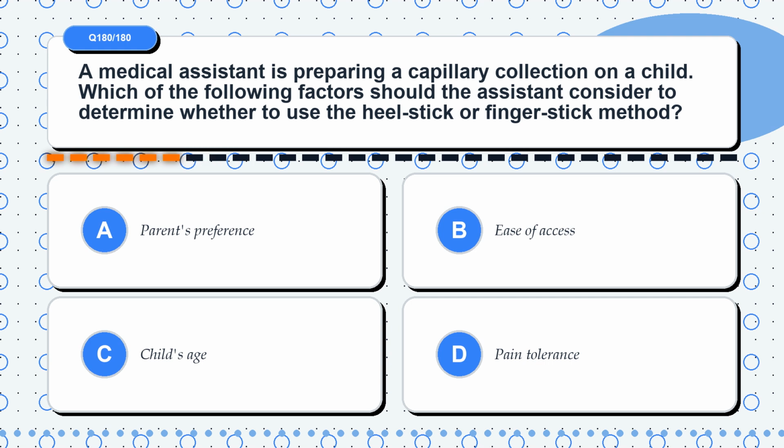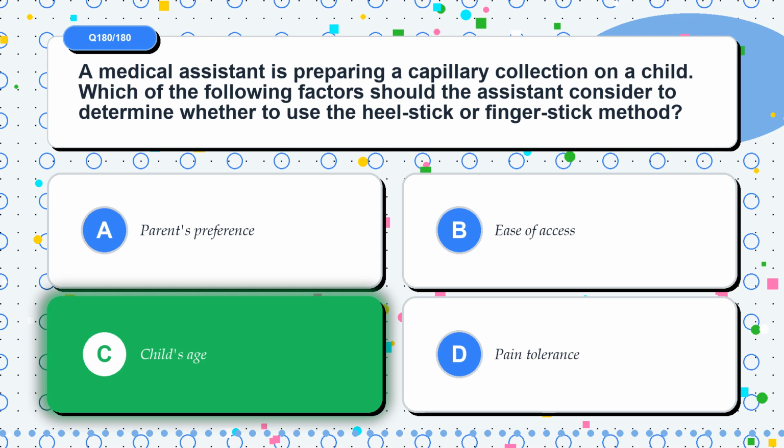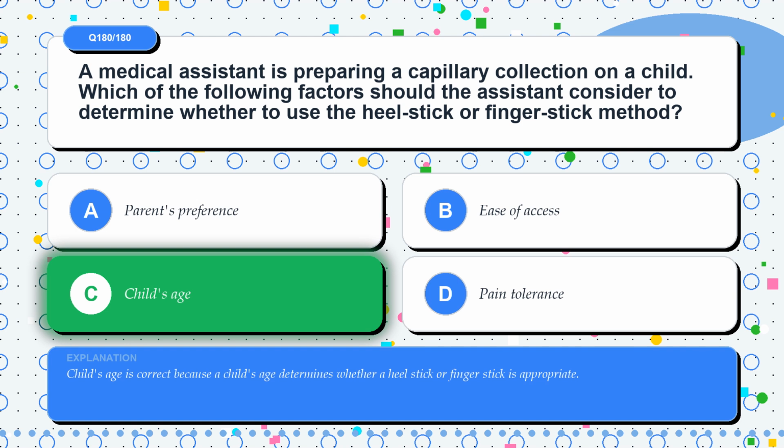Option C, child's age. Option D, pain tolerance. The correct answer is option C, child's age. Child's age is correct because a child's age determines whether a heel stick or finger stick is appropriate.